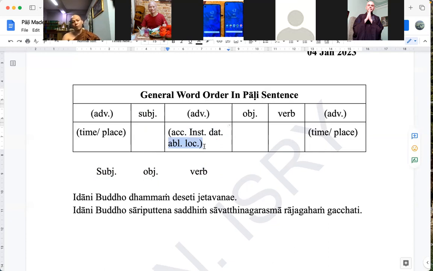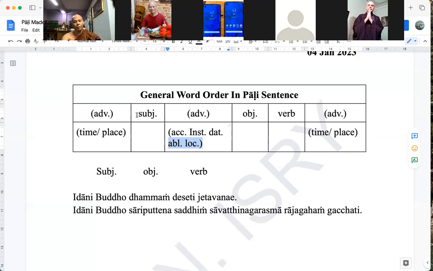Their position is not so fixed, because with their case endings we can understand their meaning clearly. We cannot confuse them with the others, so we can understand easily. That is why their word order is not so fixed in Pali.